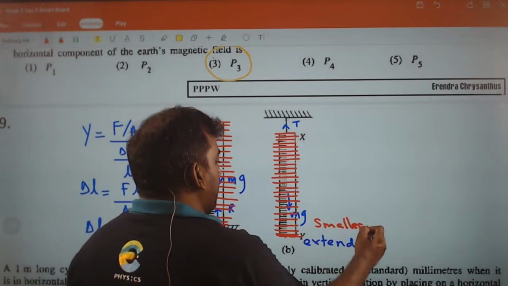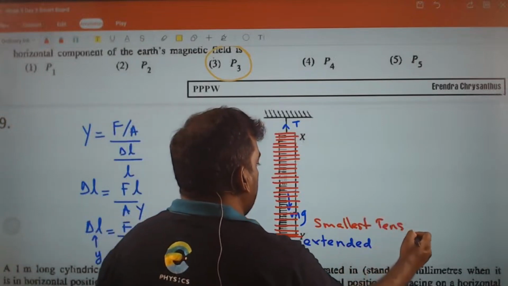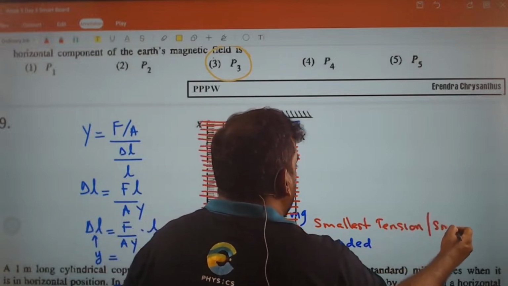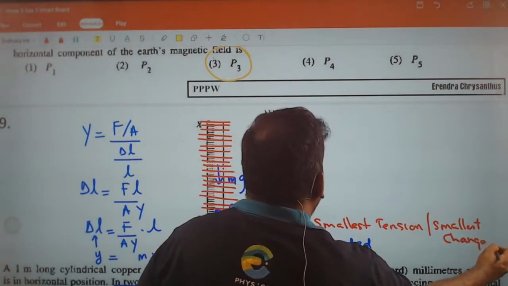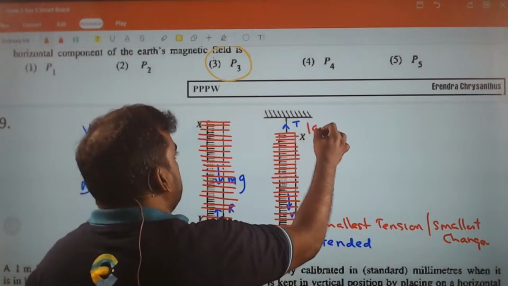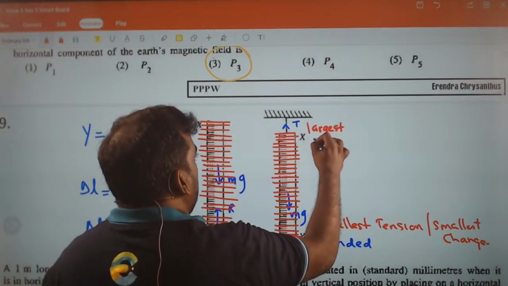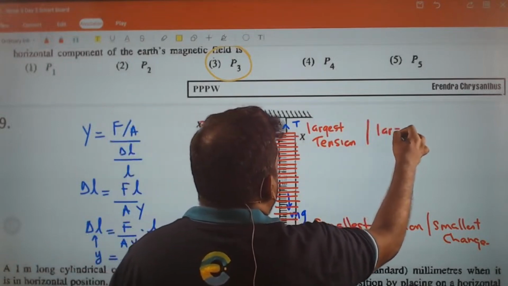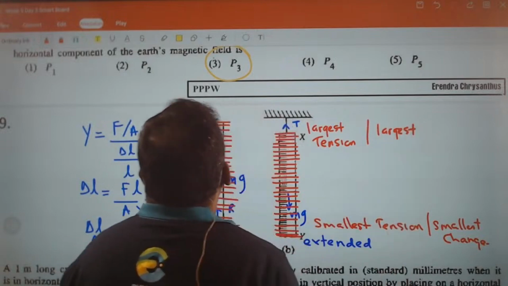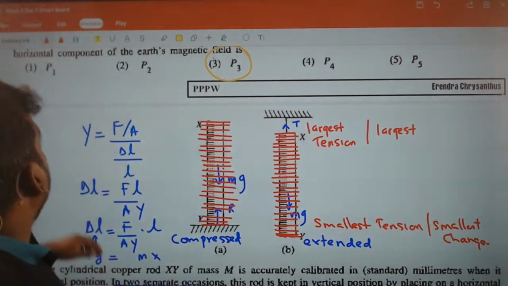Smallest tension. Largest tension. Greater pull.